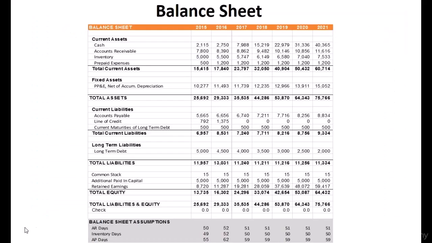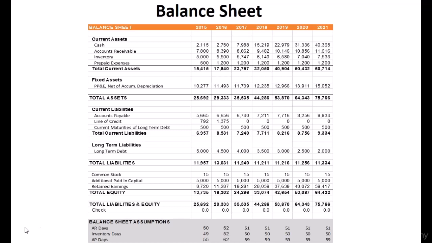So let's start with the balance sheet. The balance sheet provides an overview of assets, liabilities, and stockholders' equity as a snapshot in time, which is generally at the end of the fiscal year. The balance sheet equation is assets equals liabilities plus stockholders' equity, because assets are paid for with either liabilities such as debt or stockholders' equity such as retained earnings and additional paid-in capital.